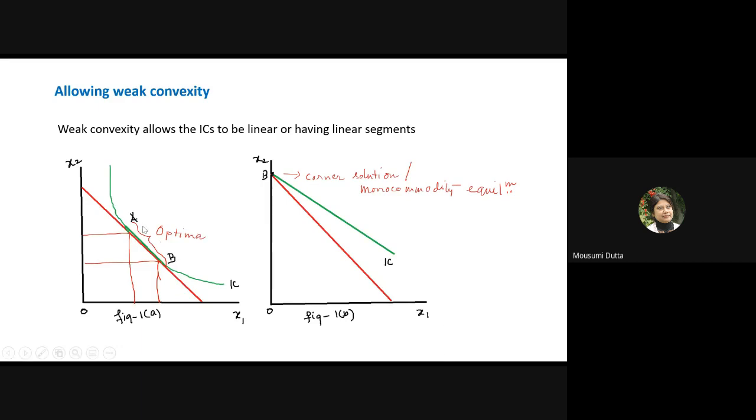So first you draw figure 1a. Consider a two commodity space x1, x2. Consider a budget line KL. Here you give the name KL, the budget line KL.